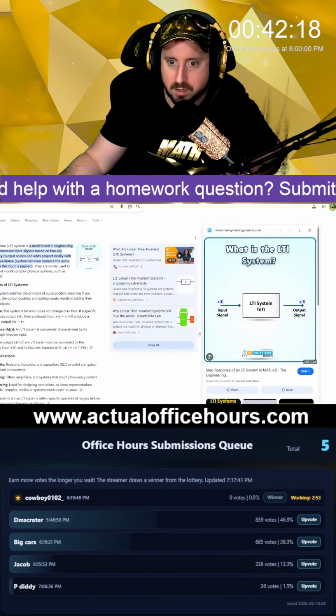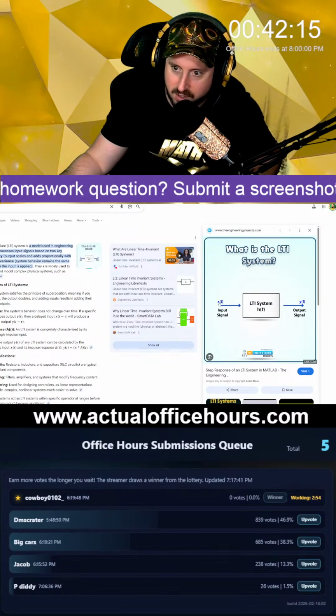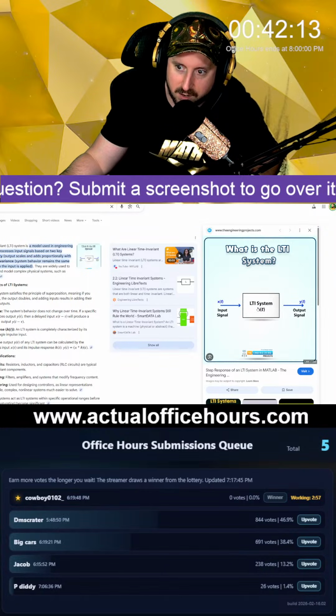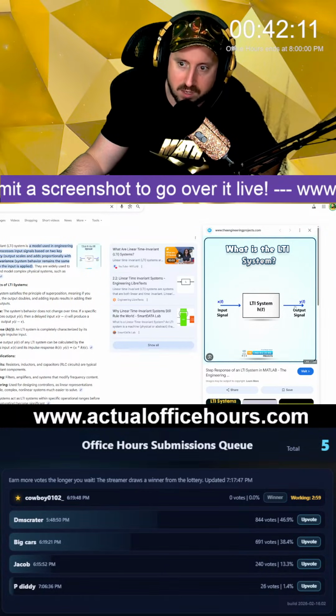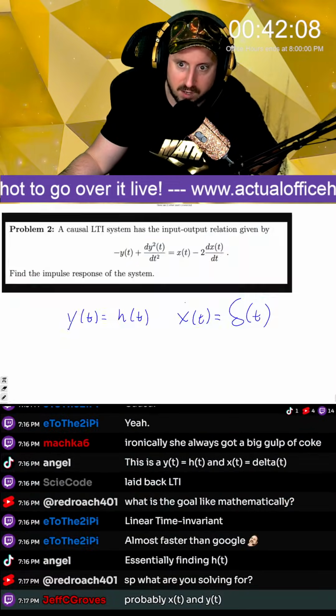And what I saw here is that x of t goes through some h of t thing and then outputs a y of t. Okay, so y of t equals h of t. That makes sense.